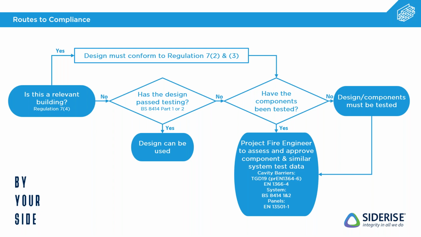And historically, if you had tested to this large-scale test standard and got a pass certificate, you could register it as a BR135 system. And then that would essentially be your route to compliance. So it'd be signed off by virtue of being tested at system level.